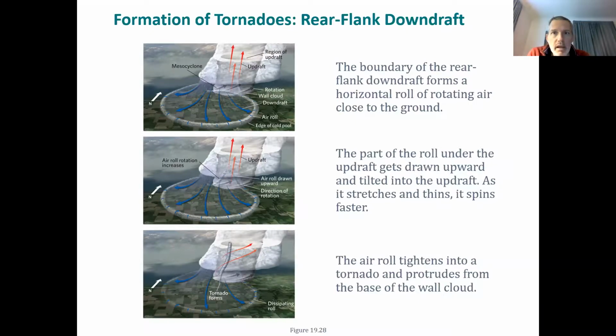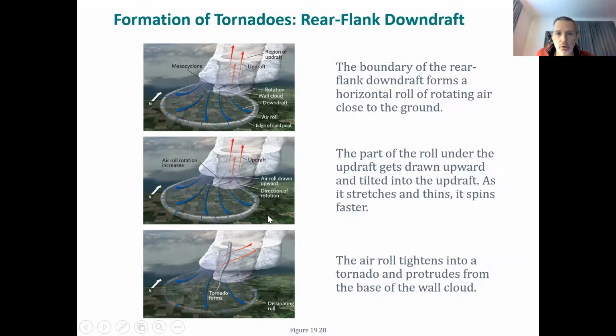In the rear flank downdraft, the air is going to start to roll over and move down at the same time that the air over here is moving to the right from our vantage point.